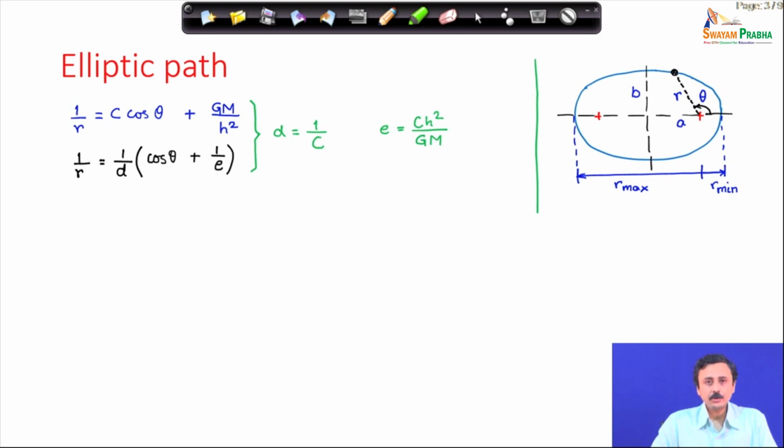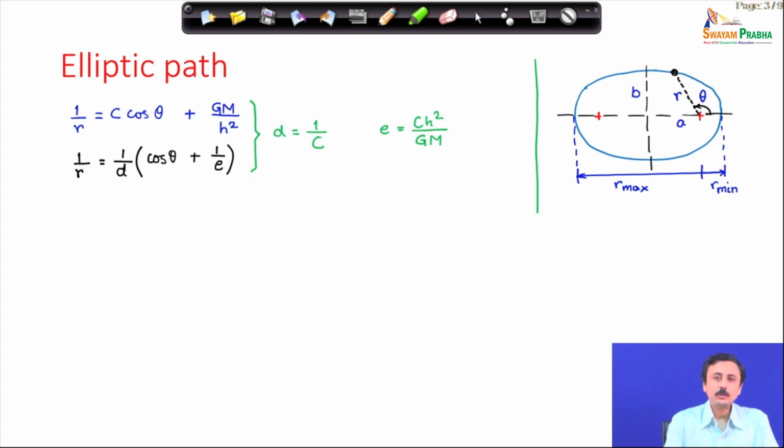The solution of the kinetic equation, the equation of motion of the mass, is given, as well as the equation of the conic section, and the relation between these two equations. One comes from geometry, the conic section relation, and the solution on the top comes from kinetics.